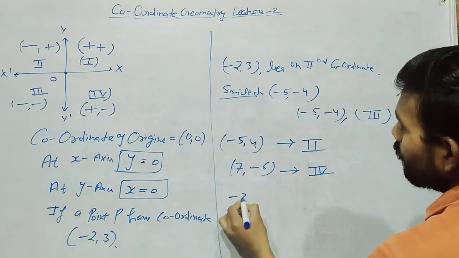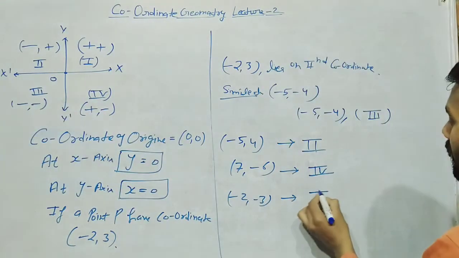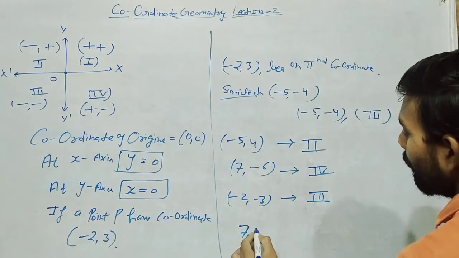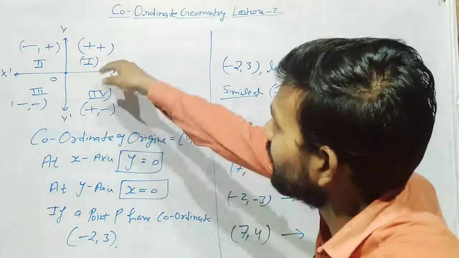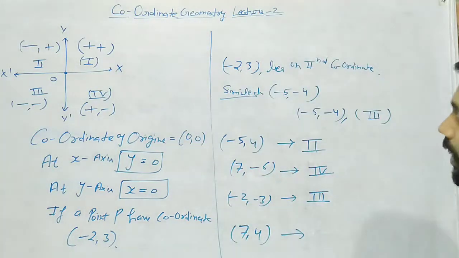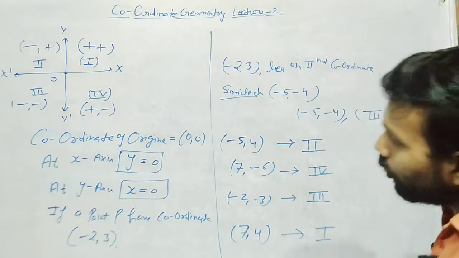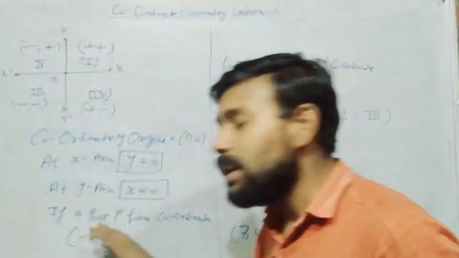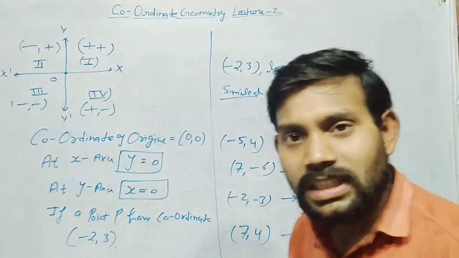And -2, -3: x and y both are negative, so this is in the third quadrant. And 7, 4: x and y both are positive, so it lies in the first quadrant. So this is the way to identify the quadrant of given points.